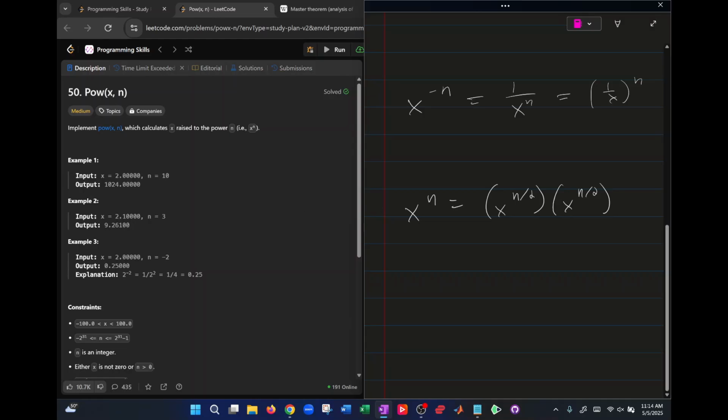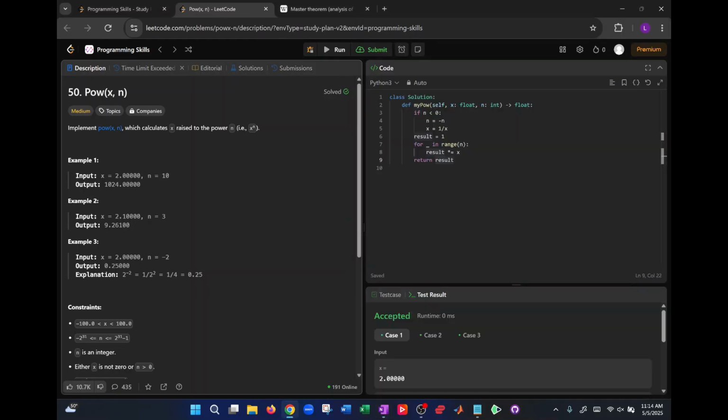Basically what we could do here is say, okay, my pow, you send in an x and then you send in an n. Well, what if we just have it return... This is going to be very simple, so just think of this as pseudocode for now.